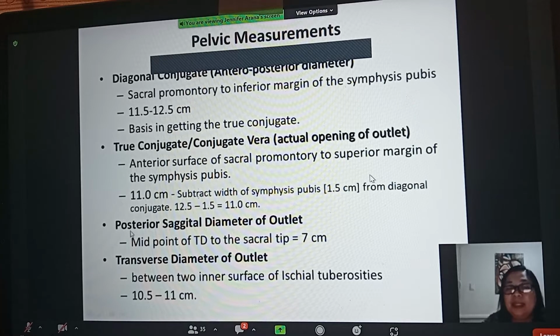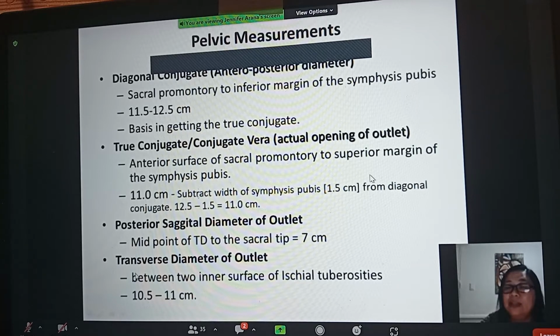Next measurement is the posterior sagittal diameter of the outlet. It is measured between the midpoint of the transverse diameter to the sacral tip, and it measures around 7 centimeters.